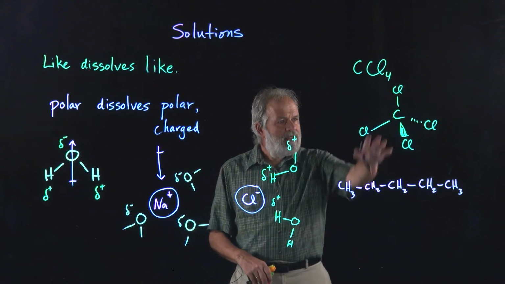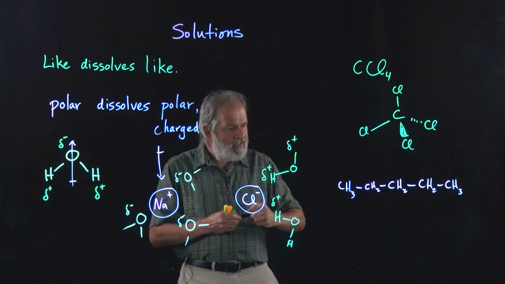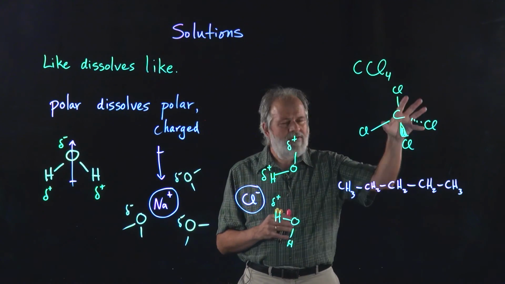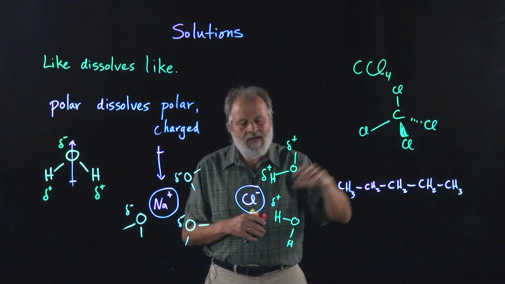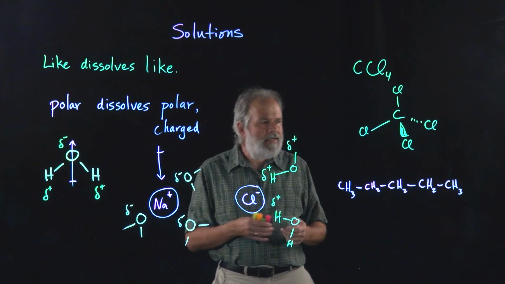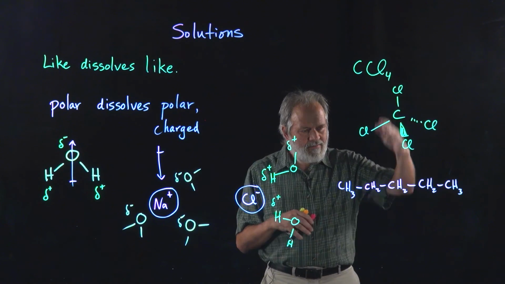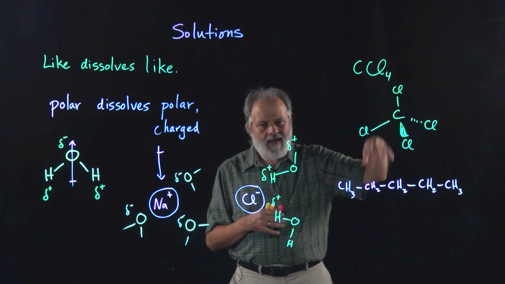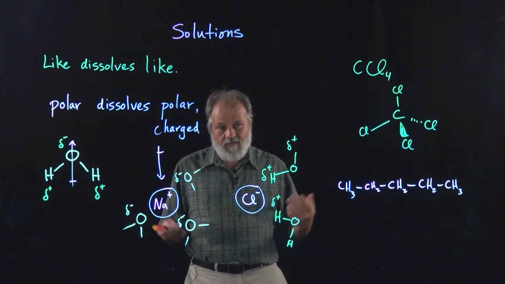This is nonpolar, so these two things will mix together. There's London forces between the molecules of pentane, and there's London forces between the molecules of carbon tetrachloride, and that means there's London forces of equal magnitude between the two different molecules, and so therefore they will mix.